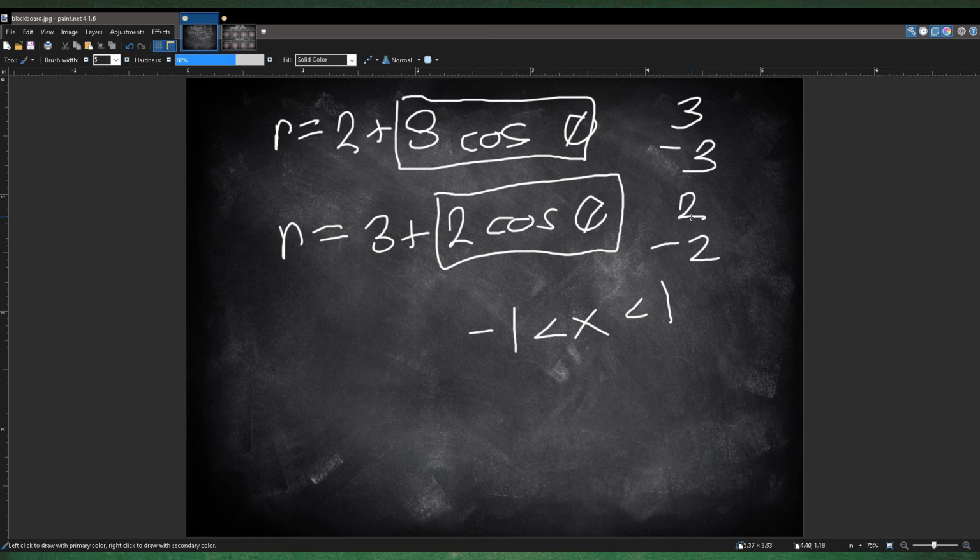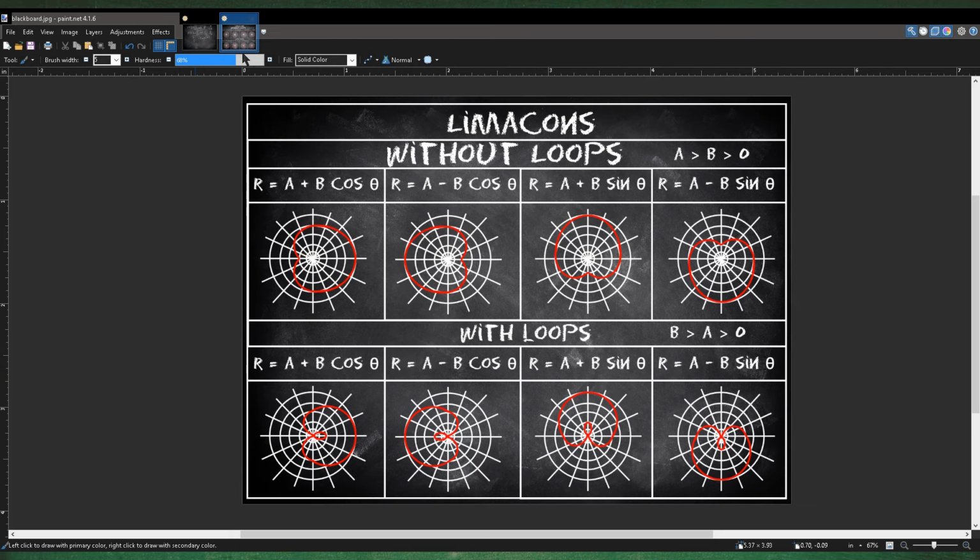With 2 it goes up to 5, and with -2 it goes down to 1. So this can only go from radius 1 to radius 5.